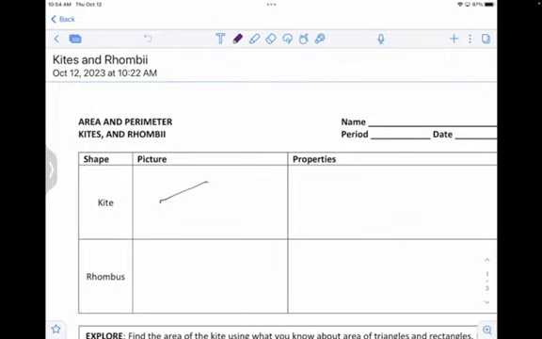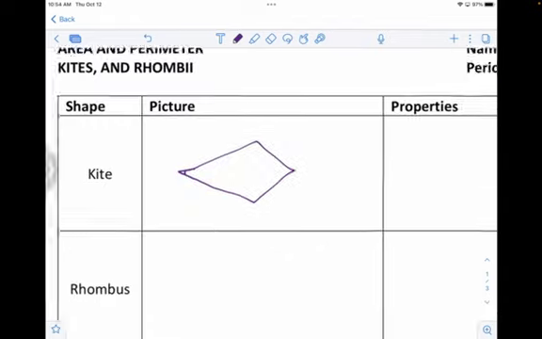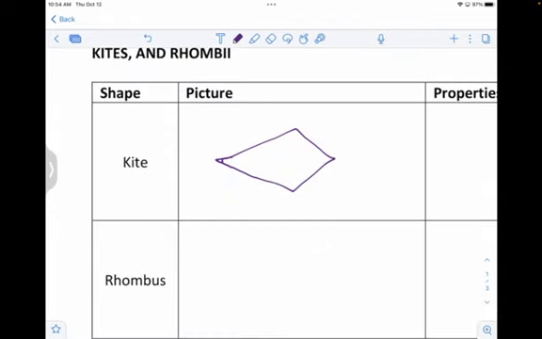I'm going to do a speed version here. Oh gosh, it's not a great picture, but that's okay. Here's our kite. I'm going to add some tick marks. Do you remember what tick marks mean? Those mean congruent. So those two sides right there are the same, and these two sides right here are the same.